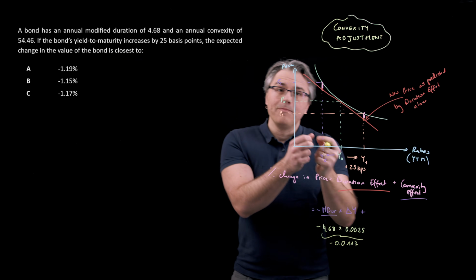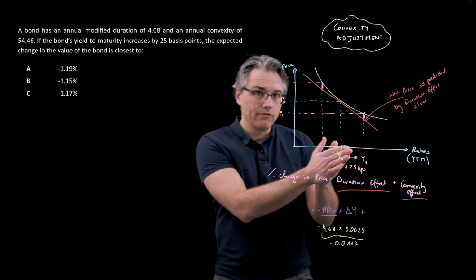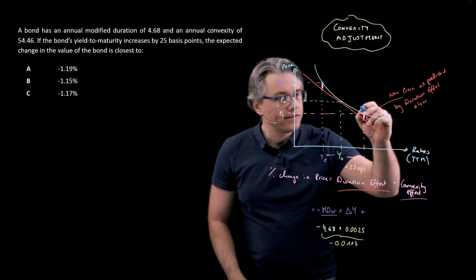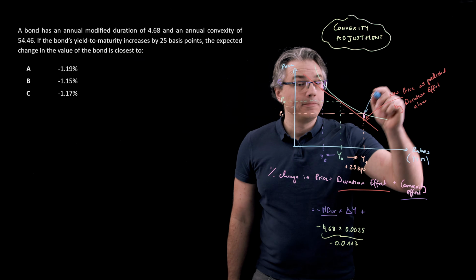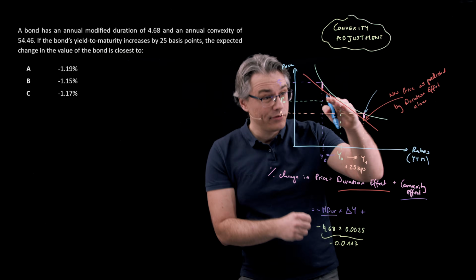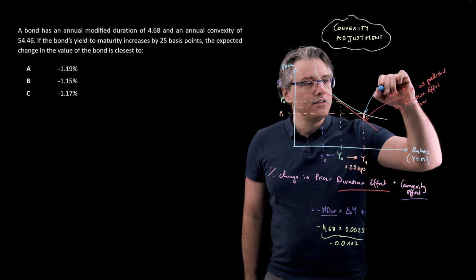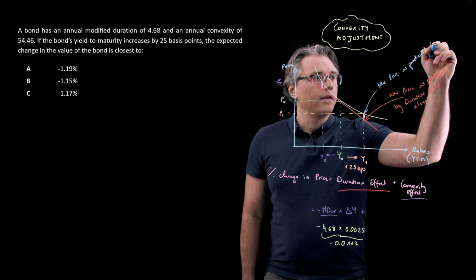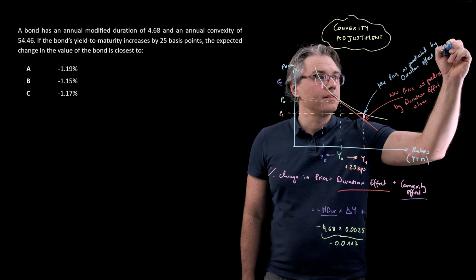In reality, if we take the convexity effect into account, whatever it is, things can only get higher, or the expected price will actually be higher. So the predicted drop will not be as severe as this. So this is the new price as predicted by both the duration effect and, on top of it, the convexity effect as well.